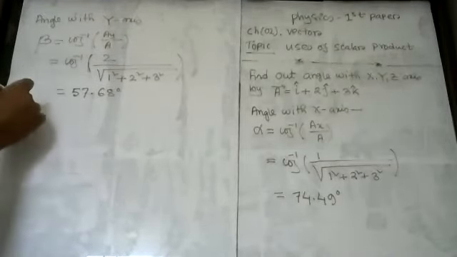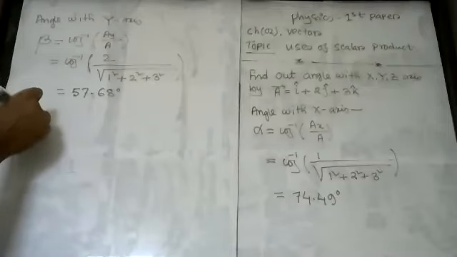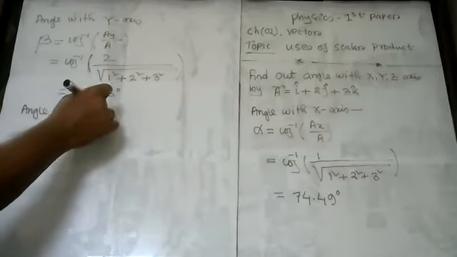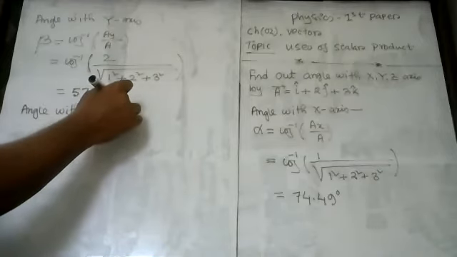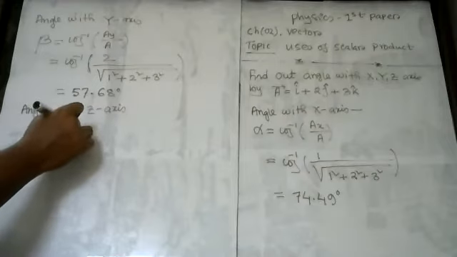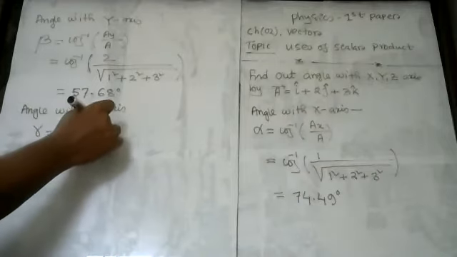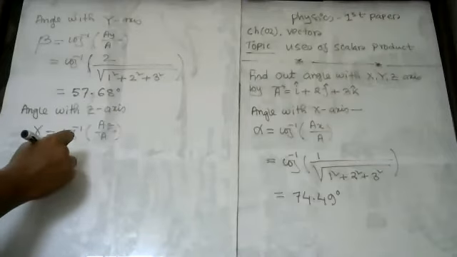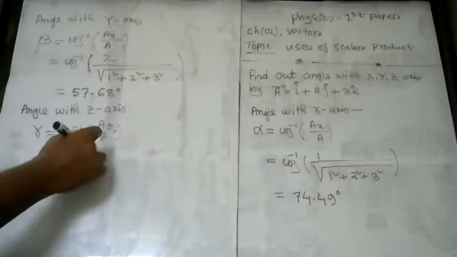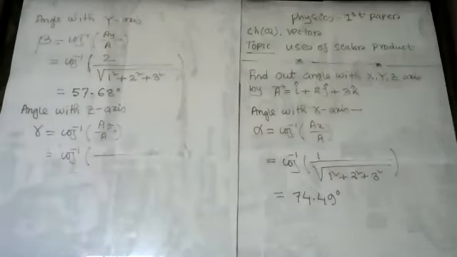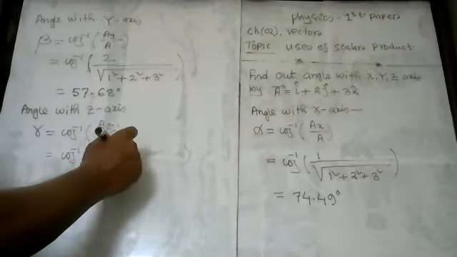Now, angle with z-axis. That is gamma, cos inverse of AZ divided by A. AZ equal to 3.